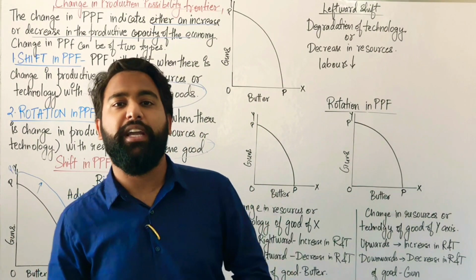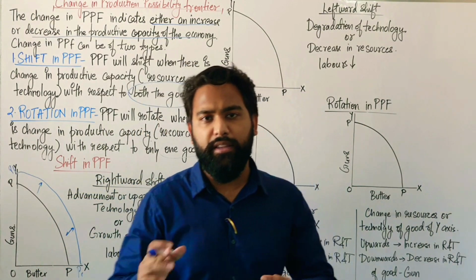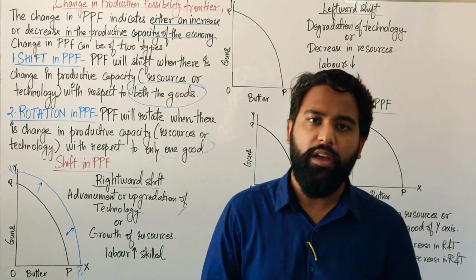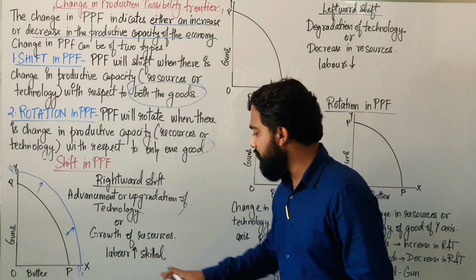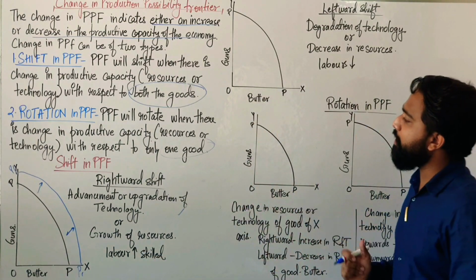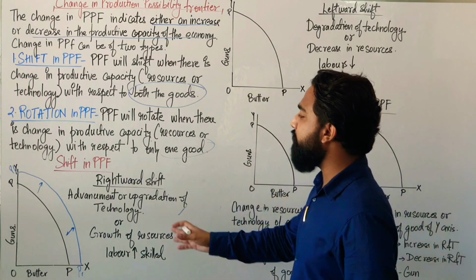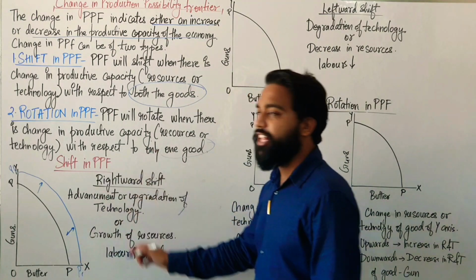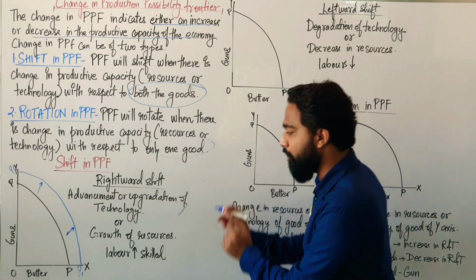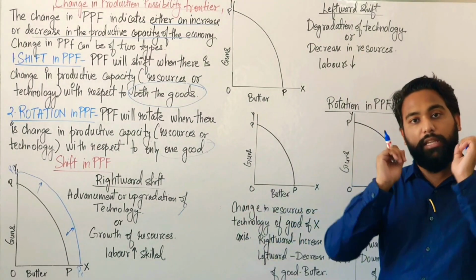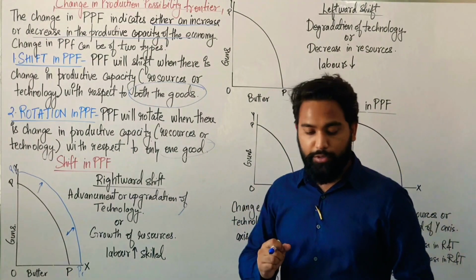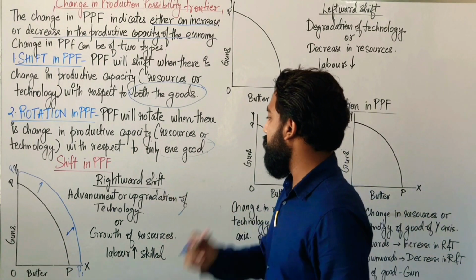Our government is providing the Skill India program, and there are several other schemes and programs by the government which provide labor with skills and training. So if there is a rightward shift, it means advancement or upgradation of technology, growth of resources, and skilled training of the labor. So this is the rightward shift.